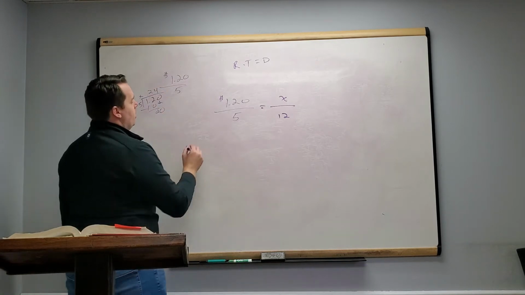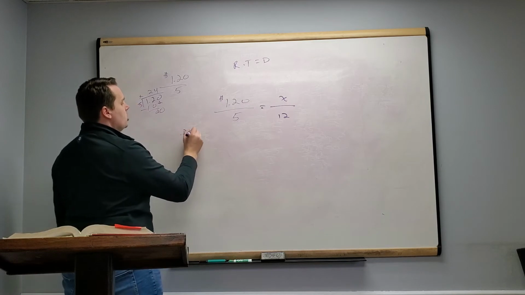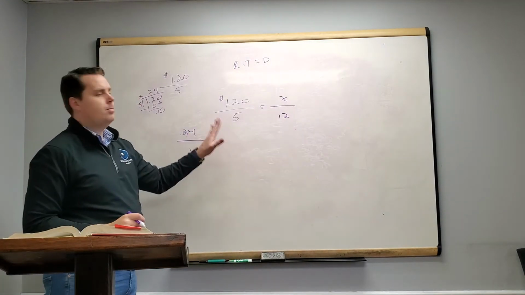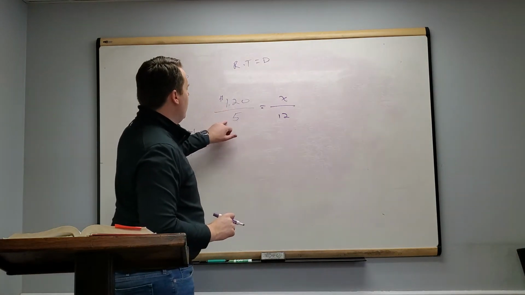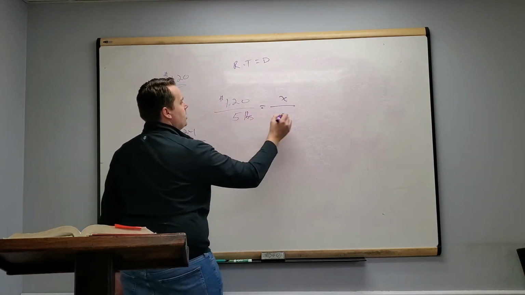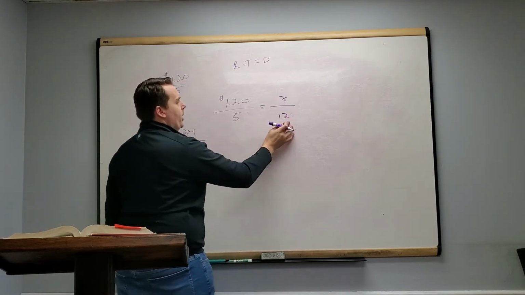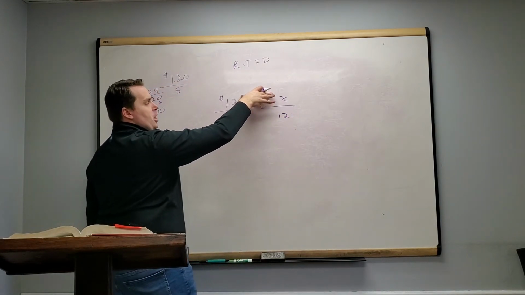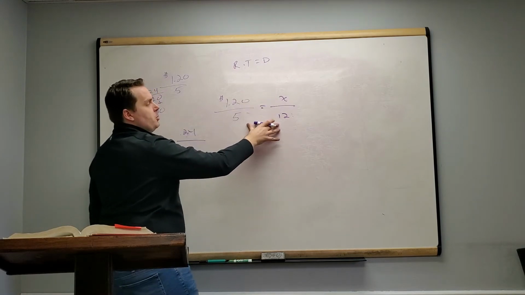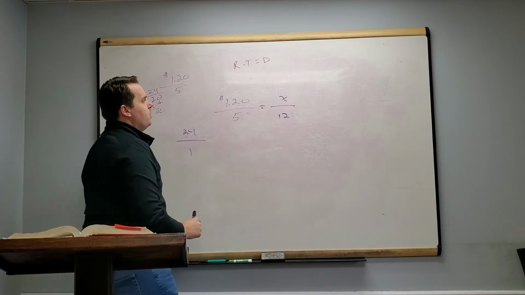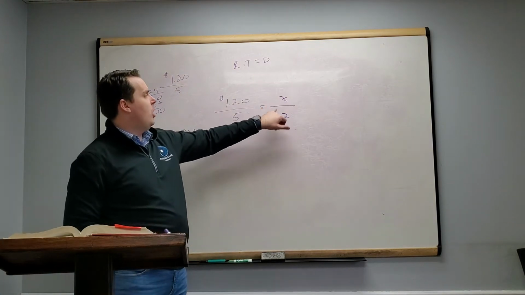So I could say 0.24 over 1, but you don't necessarily have to. Okay? So $1.20 over 5 pounds. And these symbols don't really matter, just so you know. You can get rid of them. Make sure they're right across from each other. If you want to put 5 on the top and 12 on the top, you can. Just make sure your money answer is horizontally across from each other. And this would tell me how much 12 pounds would cost.